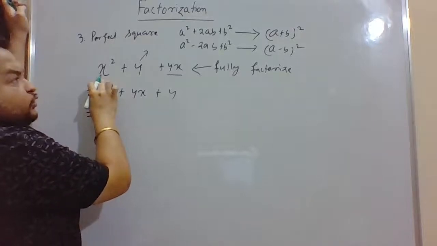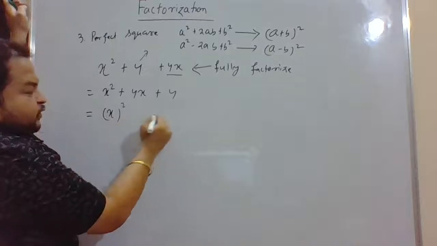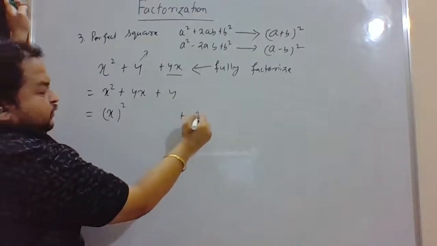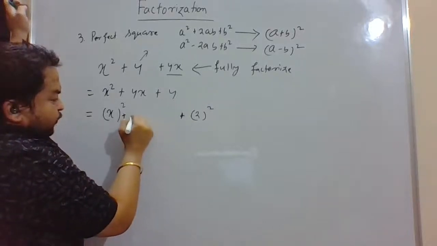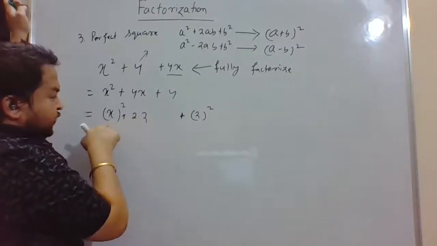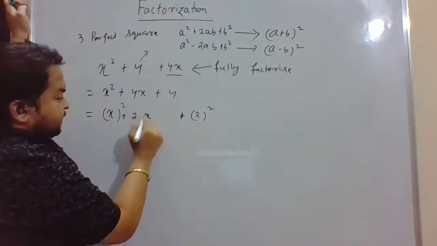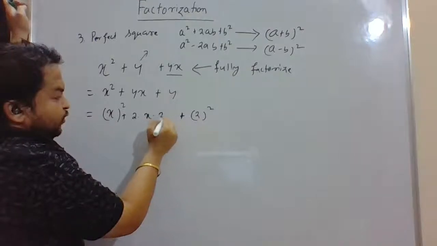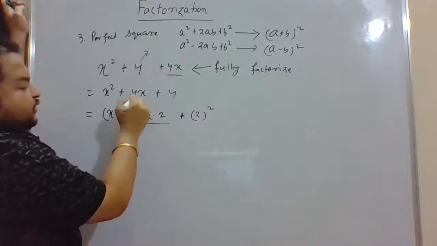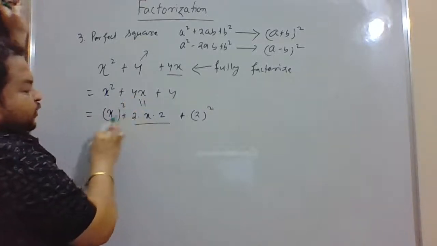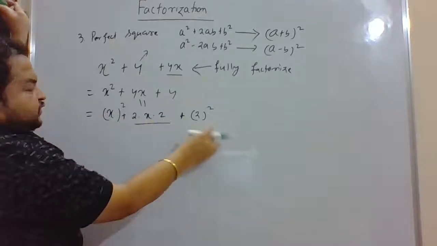Now I can write, your x squared is nothing but the square of x, plus this one is the square of 2. Now I need 2ab, so a is your x, and b is your 2 here. So this is 2 into 2, which is 4, so 4x. If you see, now this is correct. I have expressed it as a square plus 2ab plus b square.